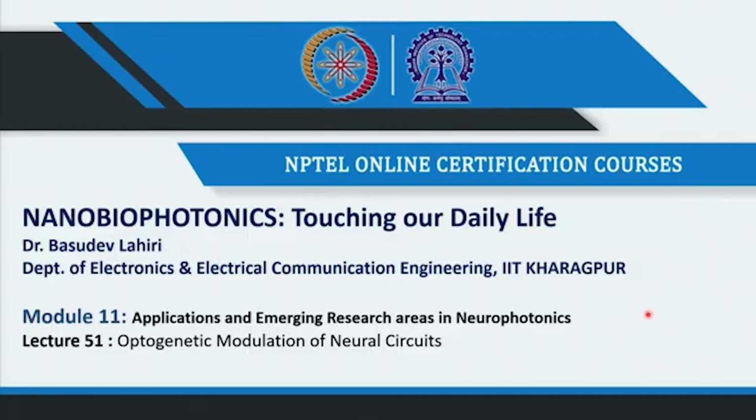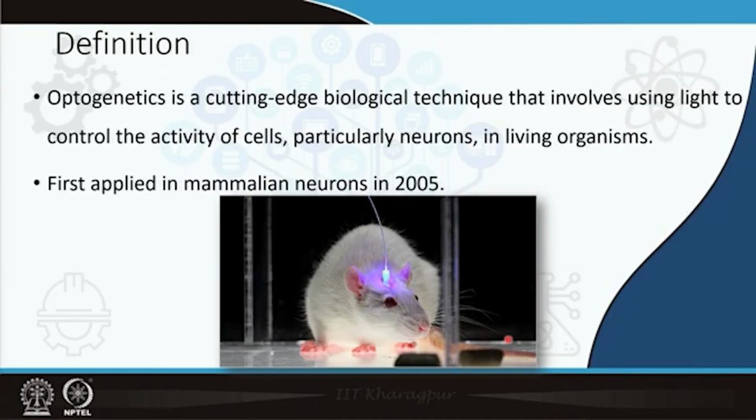So, in today's topic, let us talk about optogenetic modulation of neural circuits. We start with something that we already know, that we have already discussed. We discussed in module number 10 that optogenetics is a cutting edge biological technique that involves using light to control the activities of cells, particularly neurons in living organisms.